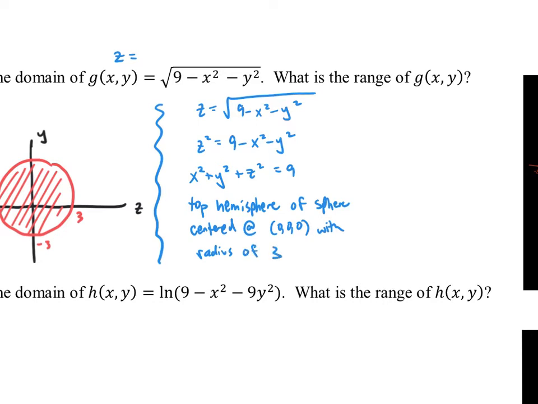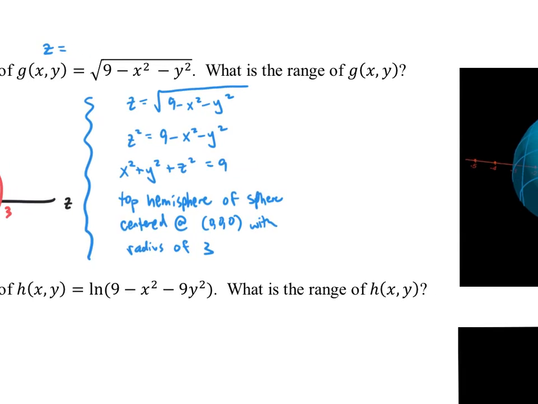So that gives us a really distinct picture of what's going on here. But the question is, what is the range? Well, if we were to think through it, we can see this top portion of this sphere. The z value is anywhere from 0 to 3, including both 0 and 3.